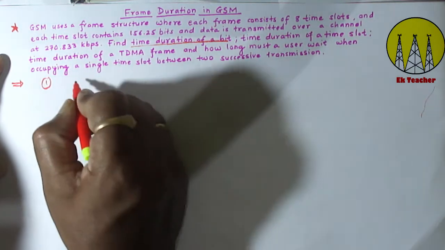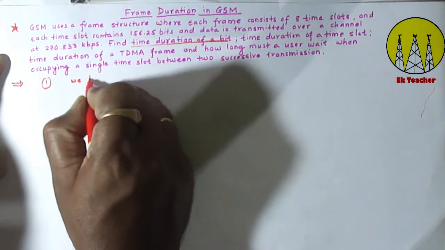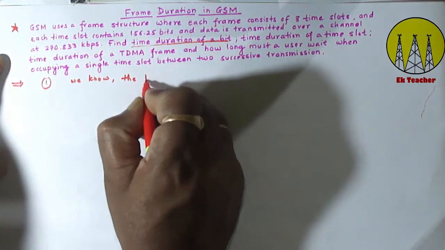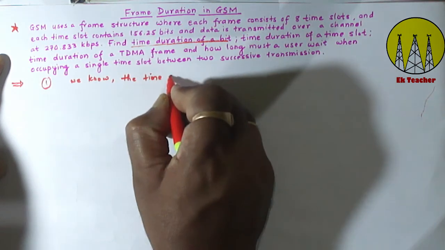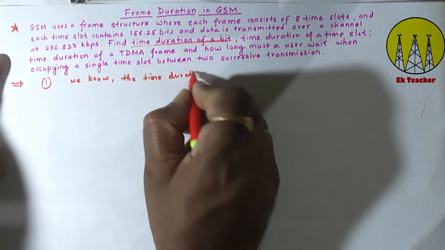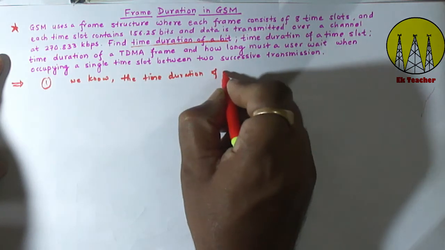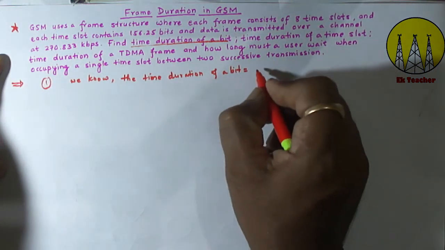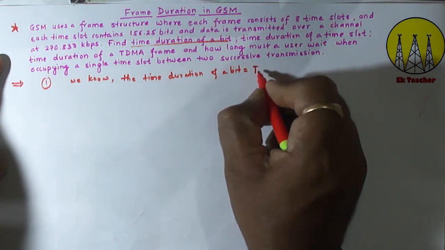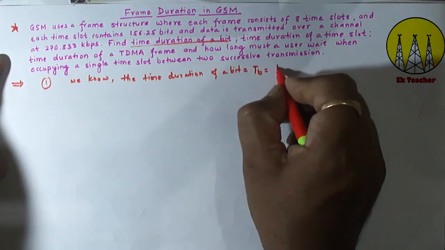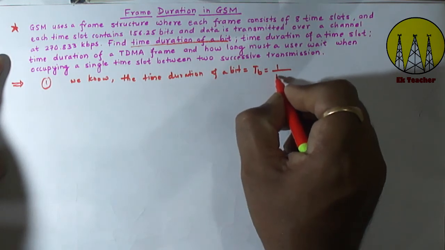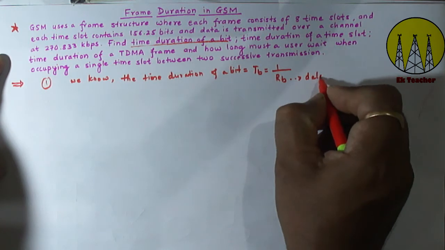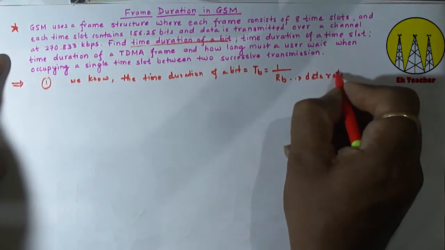We know the time duration of a bit is represented by TB. It is equal to 1 divided by RB. What is RB? RB is the data rate.